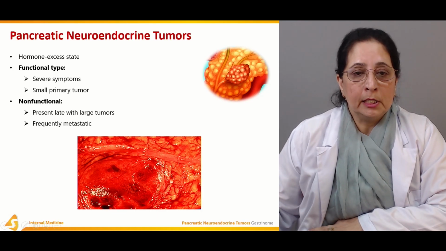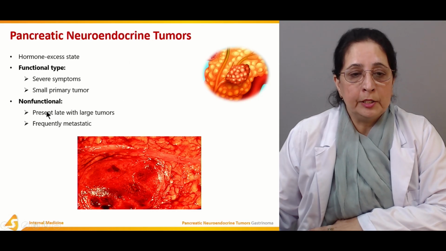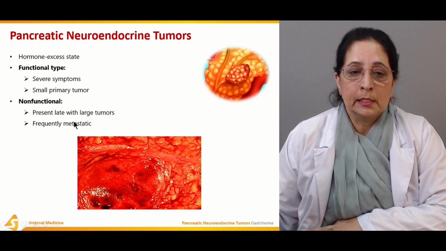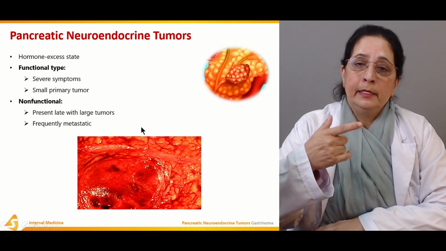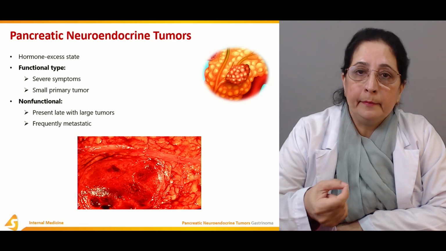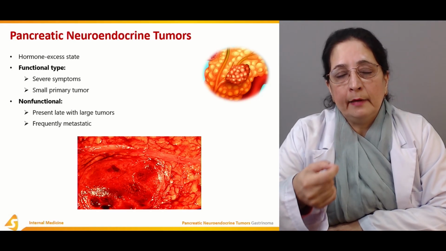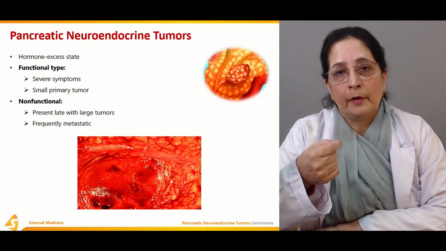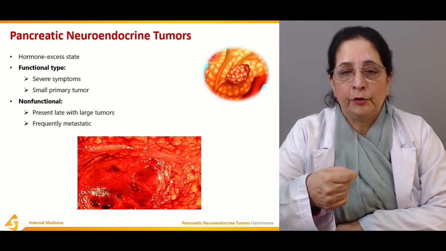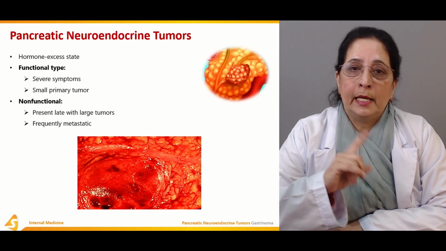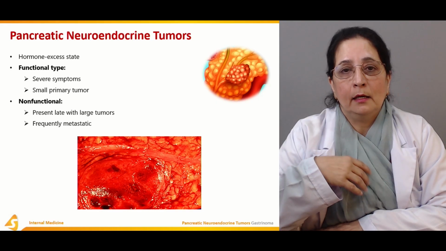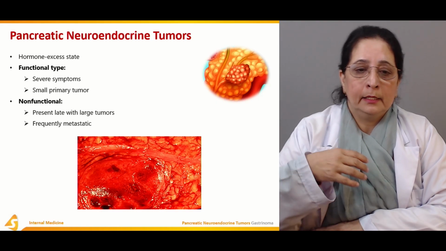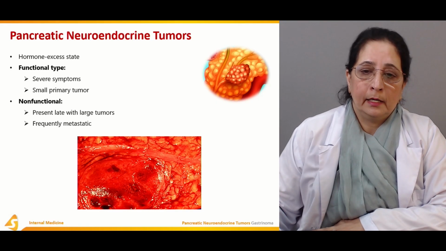The non-functional type of neuroendocrine tumors presents late with large tumors. They are large and metastatic, because the functional ones are primary tumors, meaning they develop primarily in the pancreas and are small in size, as compared to non-functional ones, which are large and metastatic from different areas.